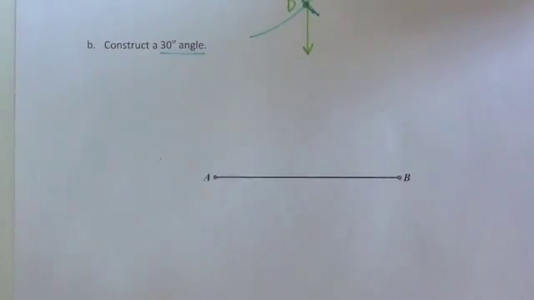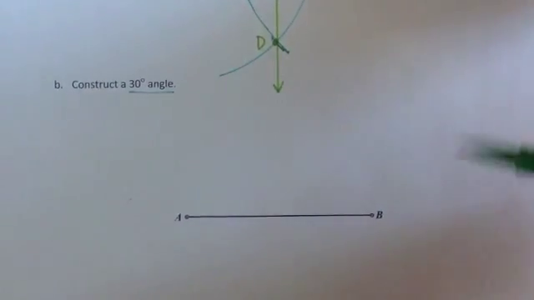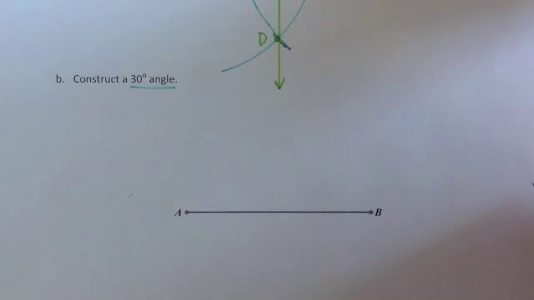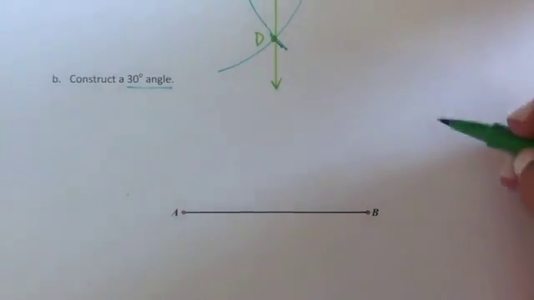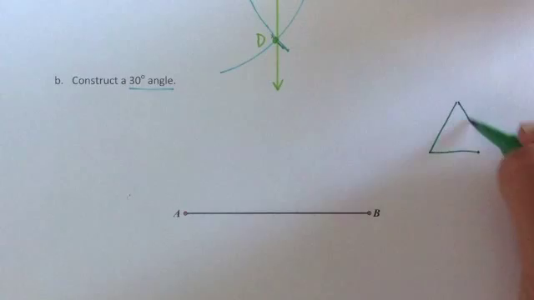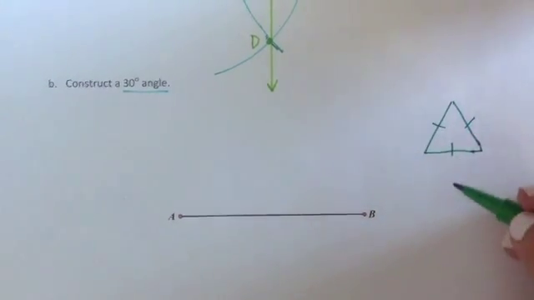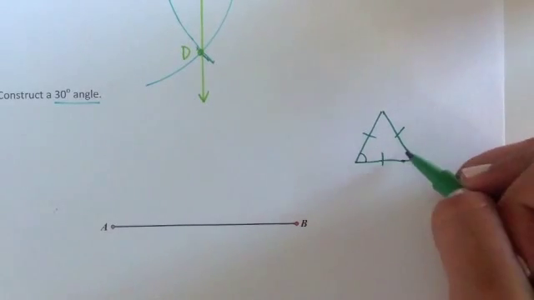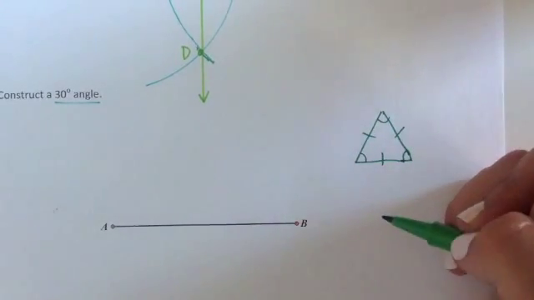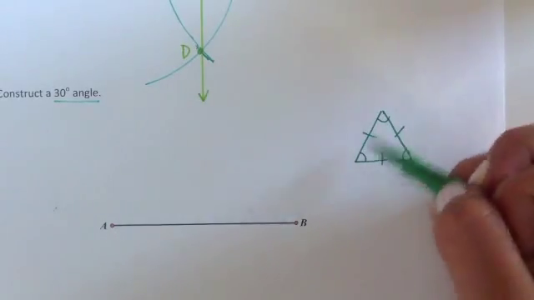Now we're going to look at the construction of a 30-degree angle. Just like we talked the last time about how to get a 45-degree angle, we're going to talk about how to get a 30-degree angle. So I know how to construct something where all sides are congruent and all angles are congruent. And in one of my previous videos we talked about how big each angle was.